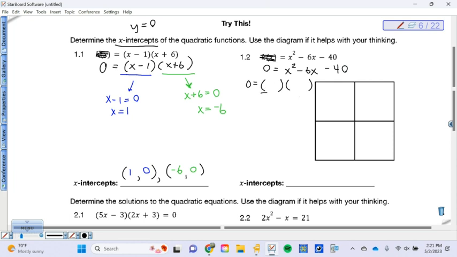What's my first times first going to be? X and x. What does my last times last need to equal? 40. What are my factors of 40? 1 and 40, 2 and 20, 4 and 10, 5 and 8.